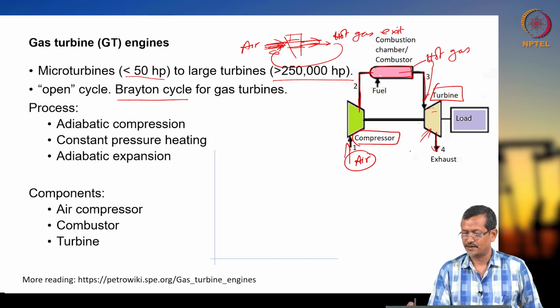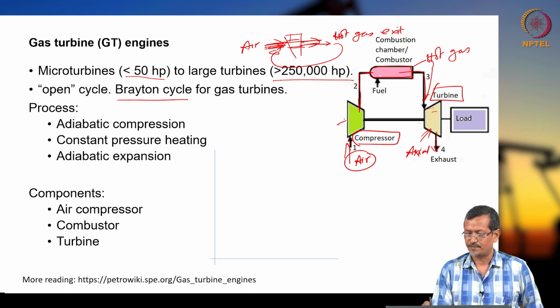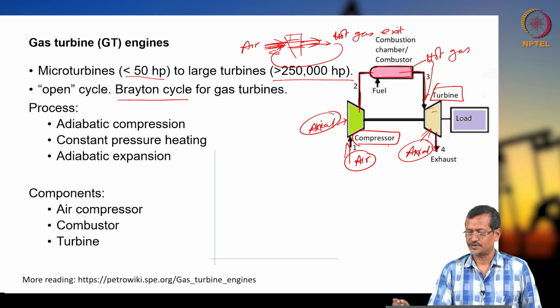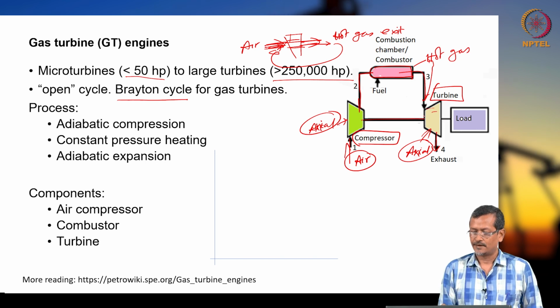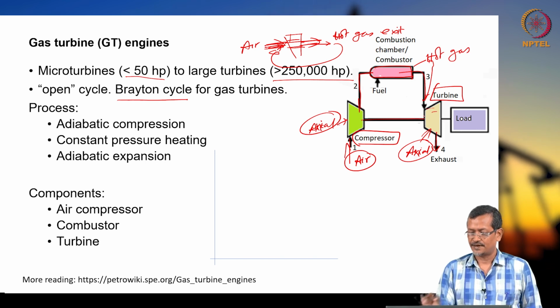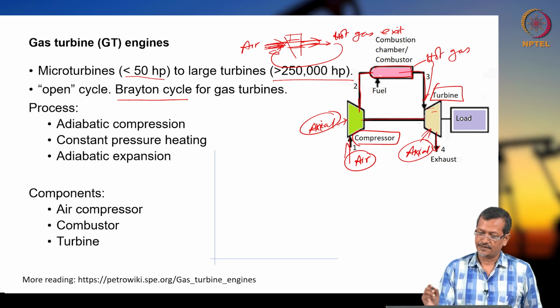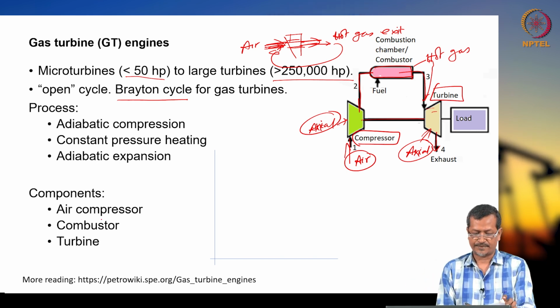Normally it will be an axial turbine, and the compressor also normally axial, though a centrifugal compressor is also possible. The compressor will be run by your turbine. There is no piston cylinder arrangement and no crank arrangement. So, it will have a turbine and a compressor, these are the main components, and other components are also possible, but these are the mains.